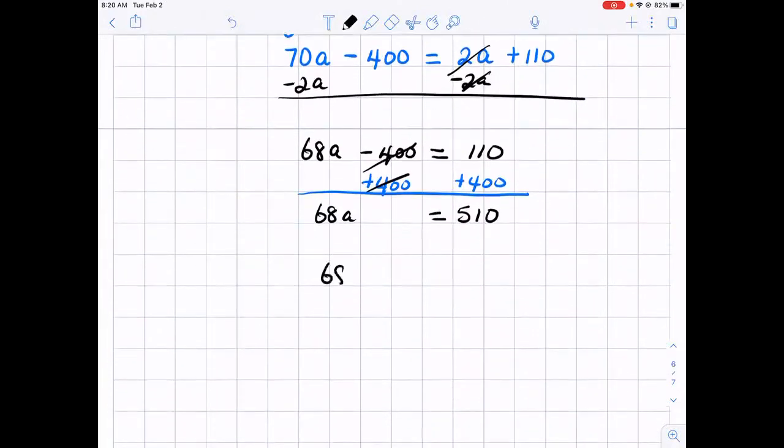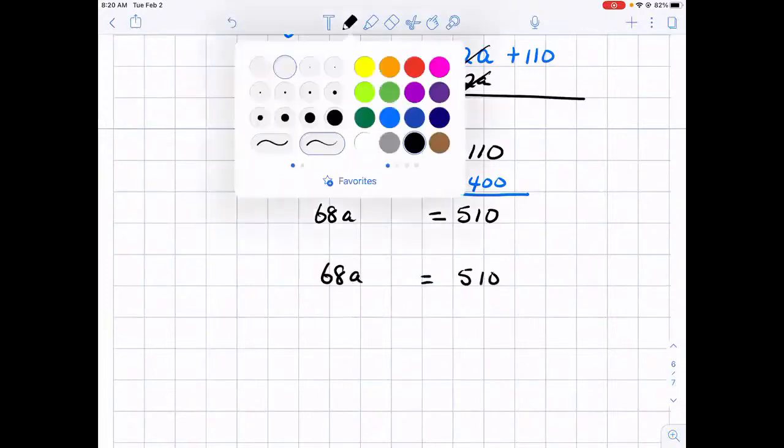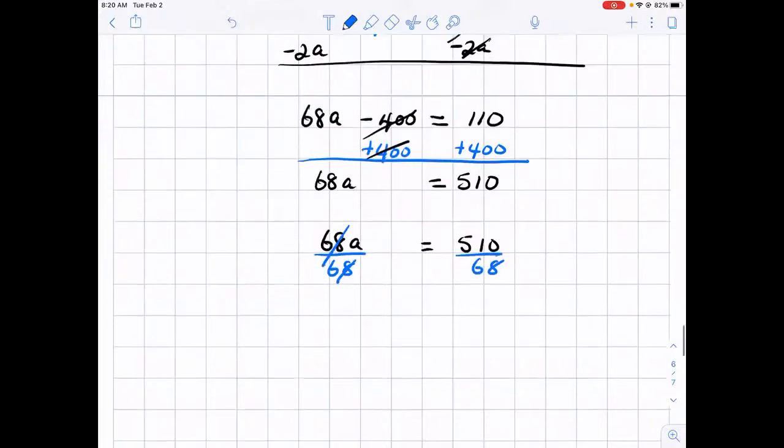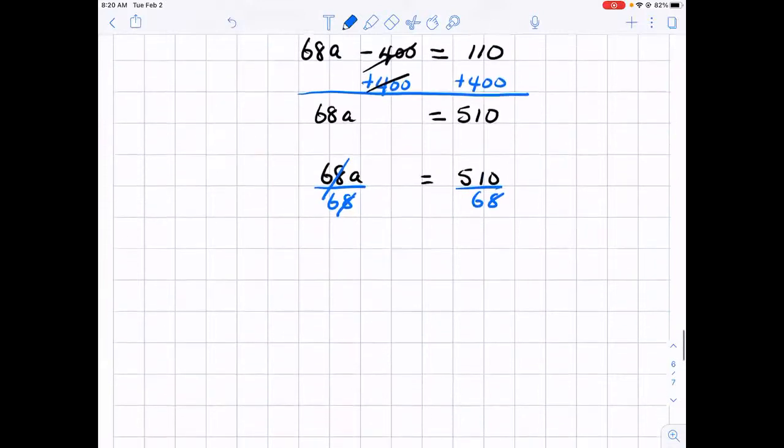Now we can divide both sides by 68 to leave a by itself. This cancels out. So we have 1a is equal to 510 over 68.